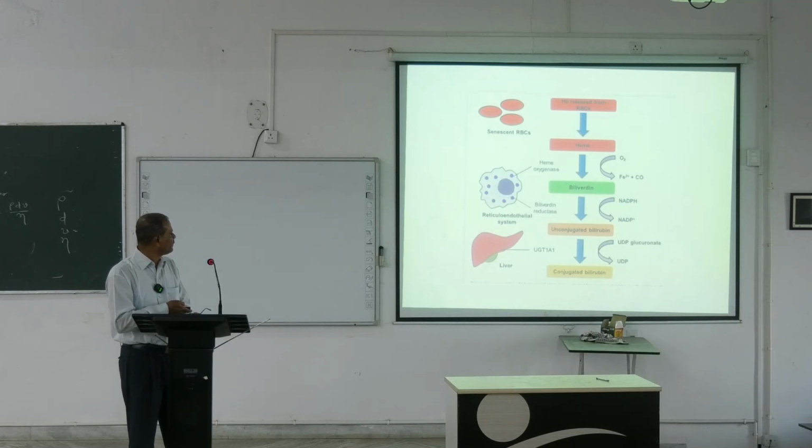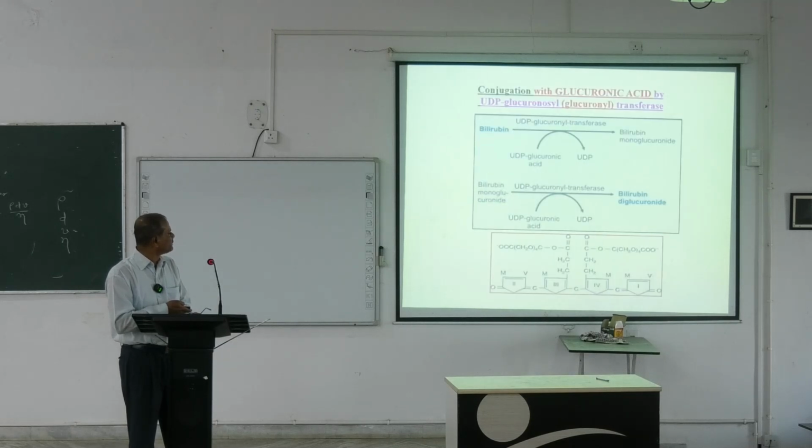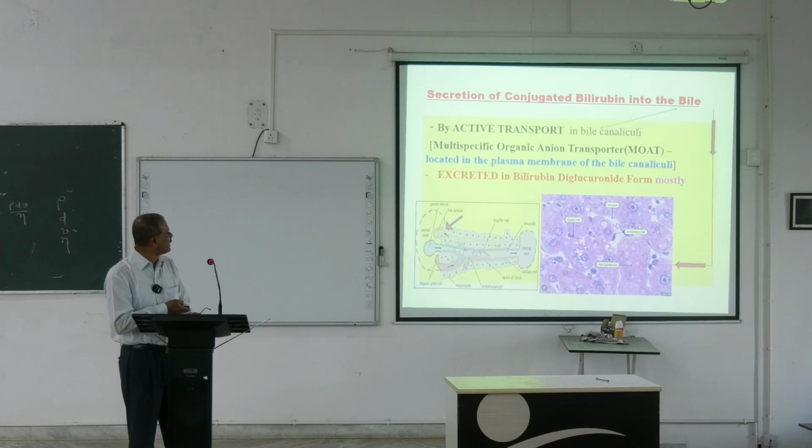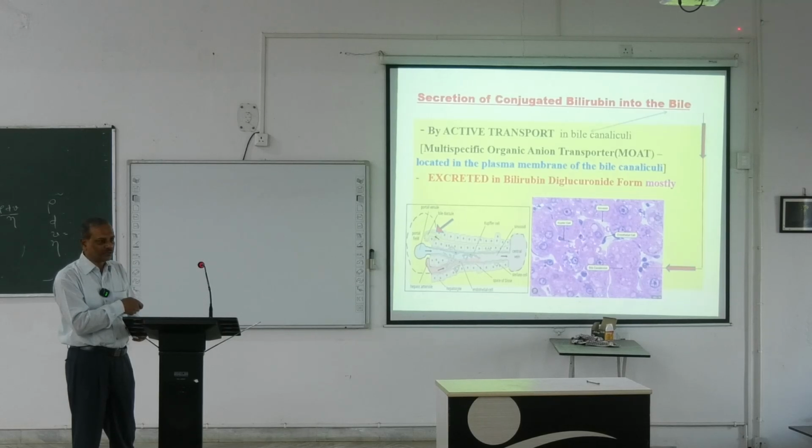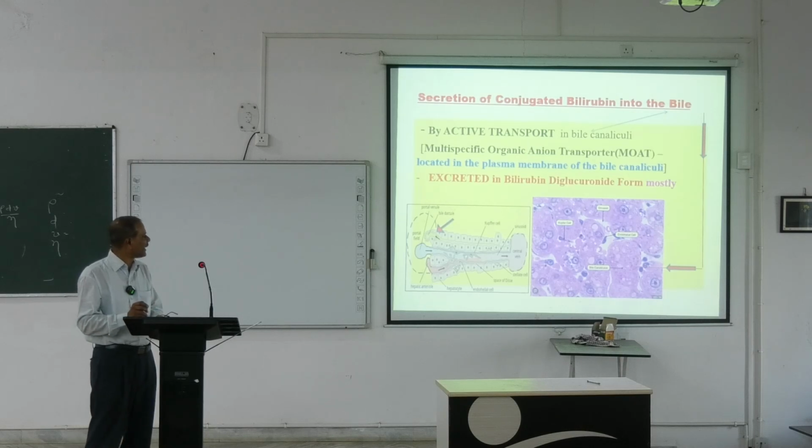So this part you know, this part you know, this I told you, that is a saturable facilitated transport system. This is active transport in the biliary canaliculi that I told in the beginning, and this is done by a multi-specific organic anion transporter.